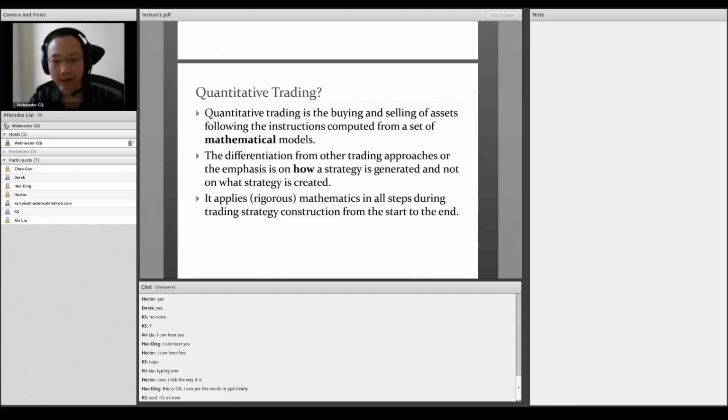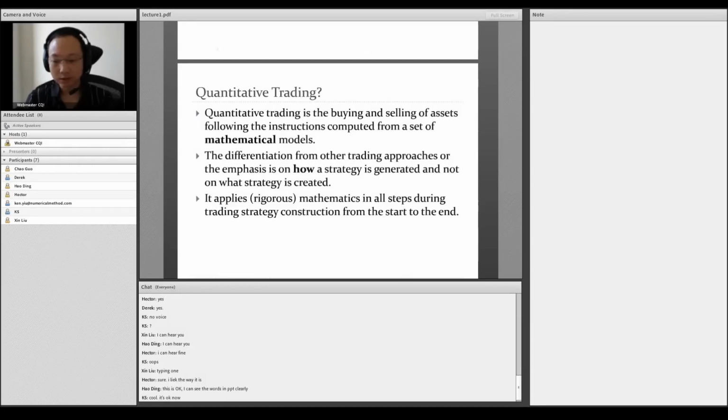So as we shall see, if the same strategy cannot be justified, then we say this is a technical indicator. But if there is mathematics to justify or prove the strategy, then we say this is a quantitative trading strategy.